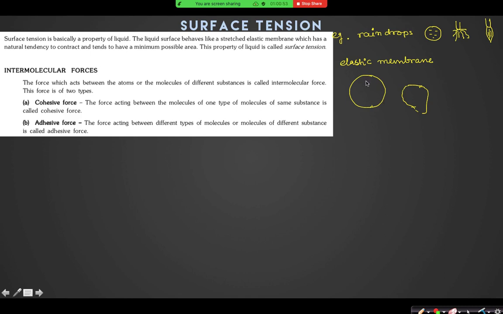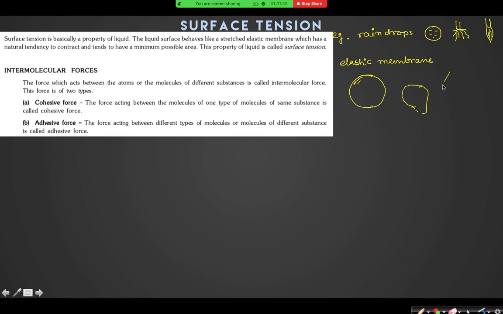Because in an inflated condition there is a tension acting inside the membrane. Yes or no? In the inflated condition there is a tension acting inside the membrane, and due to that tension, when you release it, the molecules of the membrane will try to come closer in order to minimize the surface area. The liquid free surface can also be assumed as an elastic membrane, right?